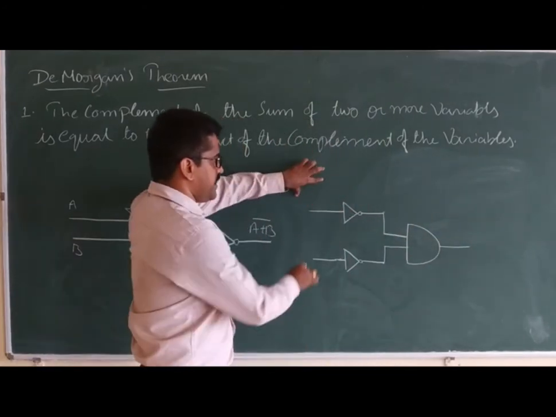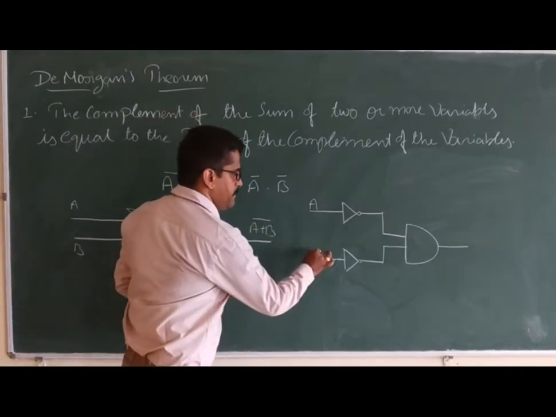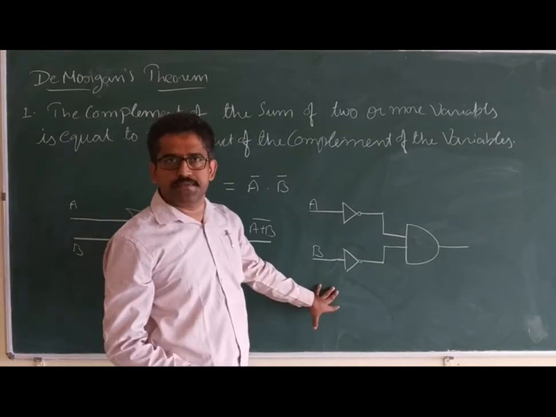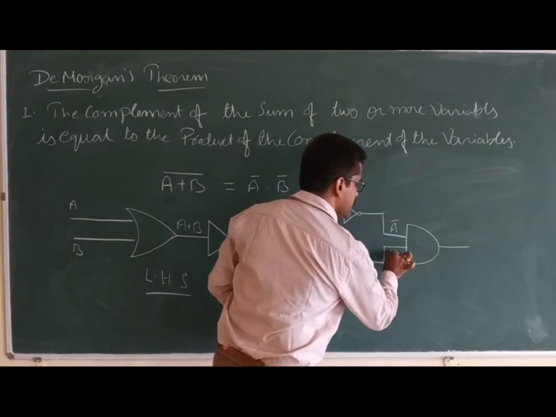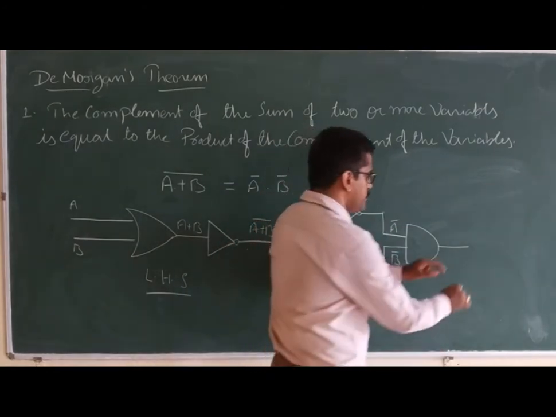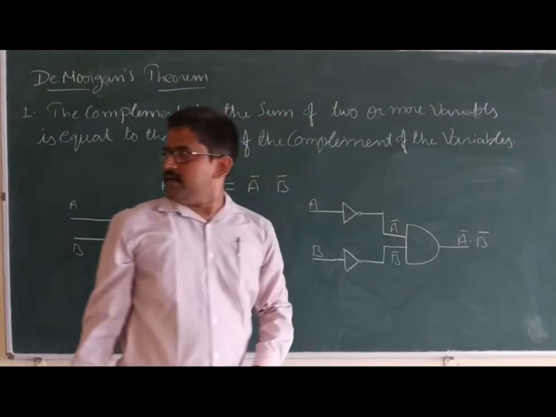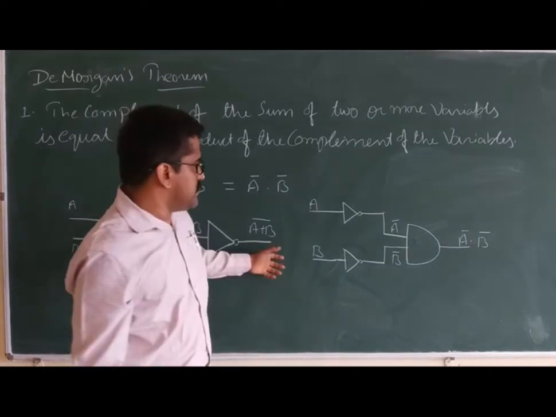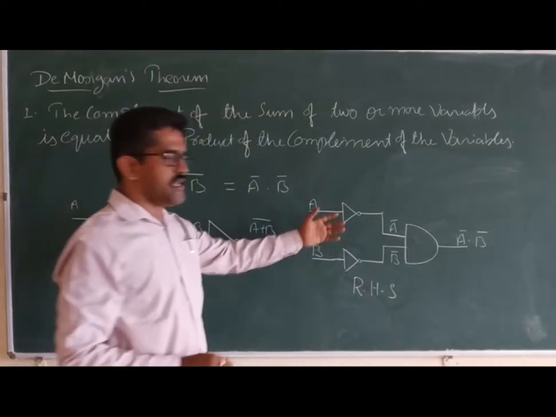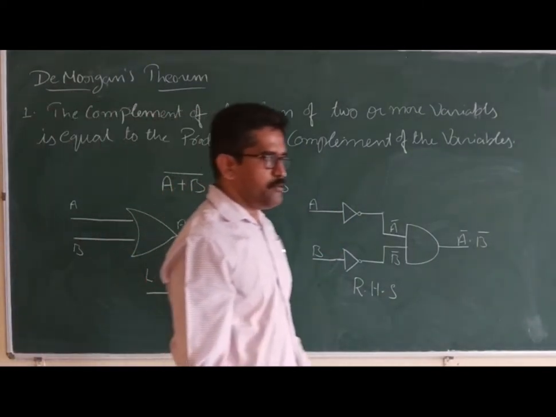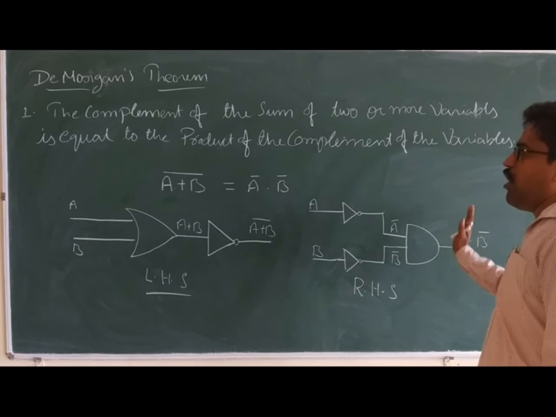Now observe that A is the input of this NOT gate and B is the input of this NOT gate. The outputs of these gates are A complement and B complement. The output is nothing but A complement dot B complement. This is the RHS, the right hand side. Now we can prove that this LHS is equal to RHS.